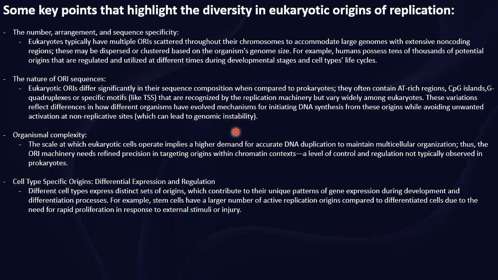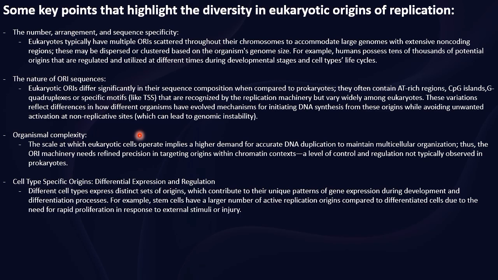The third point is organismal complexity. The scale at which eukaryotic cells operate implies a higher demand for accurate DNA duplication to maintain multicellular organization. That is, a multicellular organism contains different types of cells, or differentiated cells, which contain the same genome but have different structures and perform different functions.